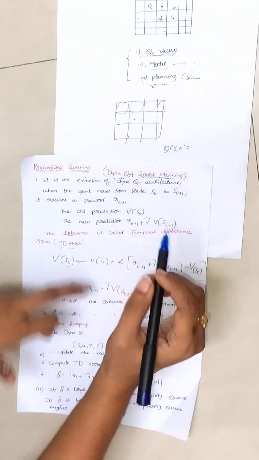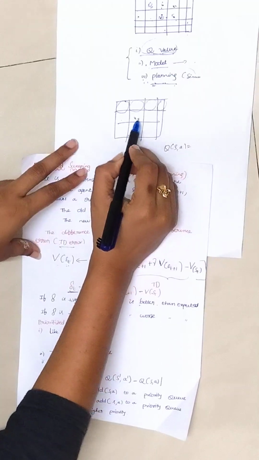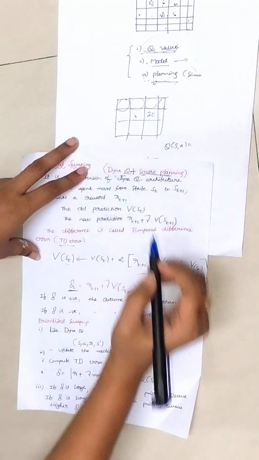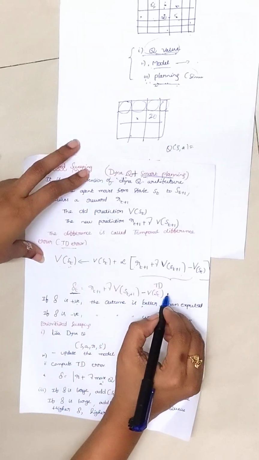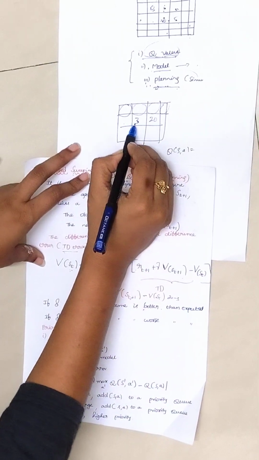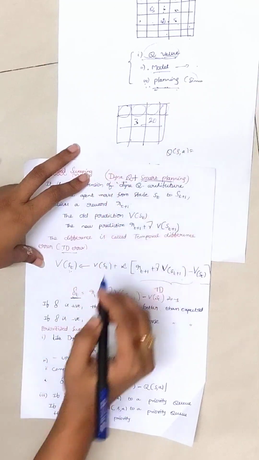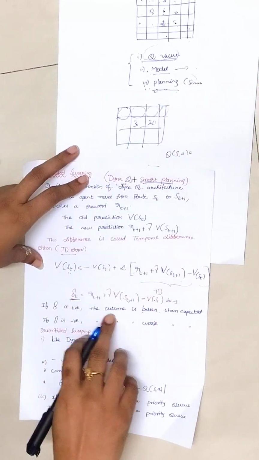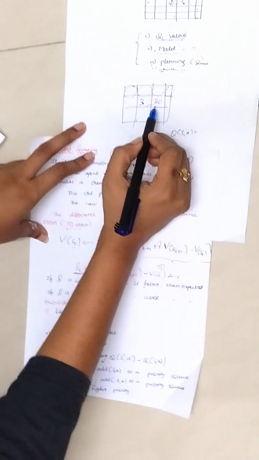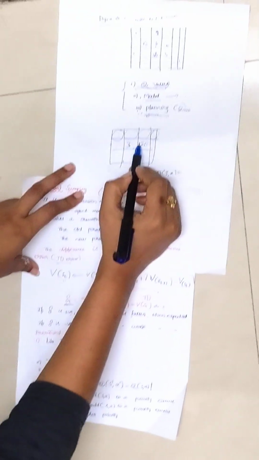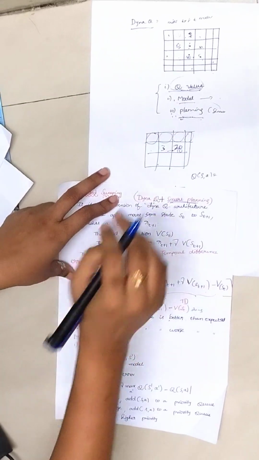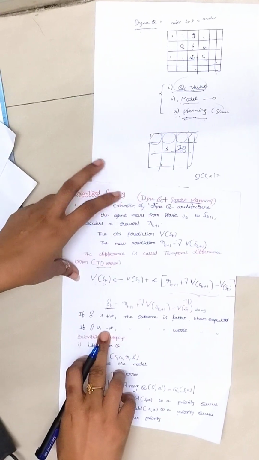Suppose I am predicting the next state Q value as 20 and the current is 3. If the difference is high positive, we consider these values. If I predict 20 but it is originally only 10, the delta value is actually very small.